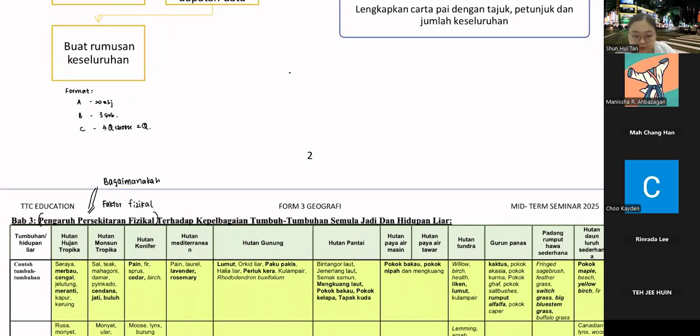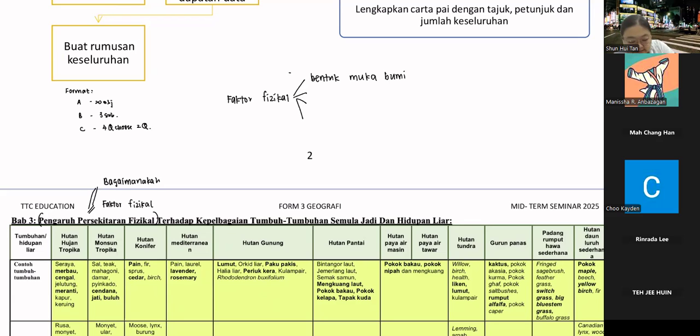Now, you know that sometimes the question may ask in this way: factor physical, how many factor physical do we have? We do have 4. Factor physical has 4, which are bentuk muka bumi, the landscape. Different landscapes are suitable for different plants and animals.